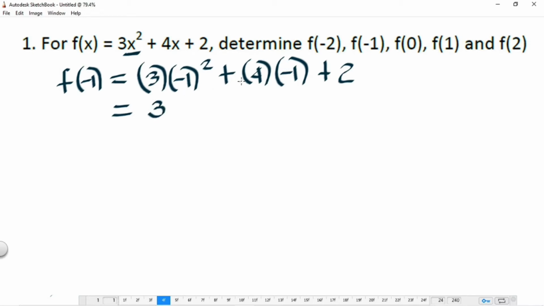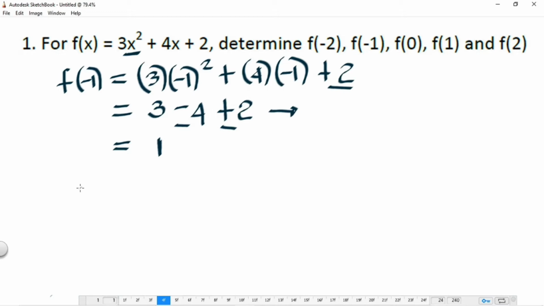Plus 4 multiplied by negative 1 is equal to negative 4. And the final term, just copy this one, plus 2. Once again, the remaining operations are just addition and subtraction. We just have to compute this from left to right. 3 minus 4 is equal to negative 1 plus 2 is equal to positive 1, or just 1.